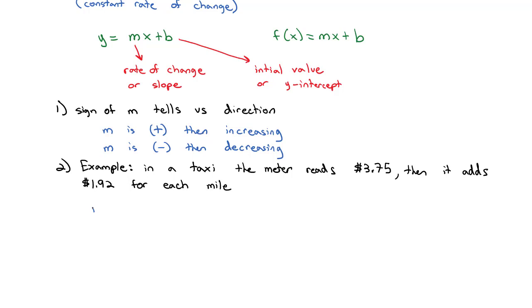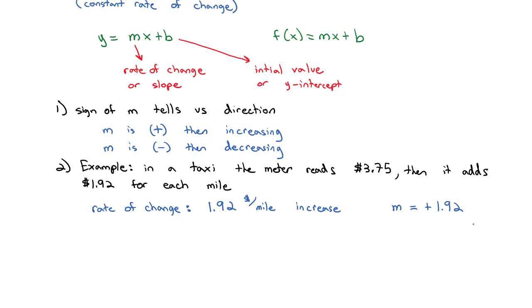Now what I can see here is my rate of change. What's changing about this taxi cab ride is the amount I pay for each mile. That's $1.92. I'm going to write dollars per mile, or we would normally put the dollar sign in front of the number, but just for the sake of the units, the rate of change is $1.92 per mile, and it's going to increase, which tells me that my slope, or my rate of change, is a positive 1.92.